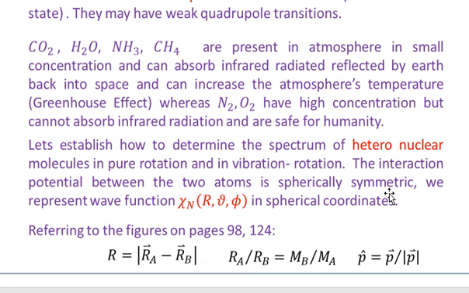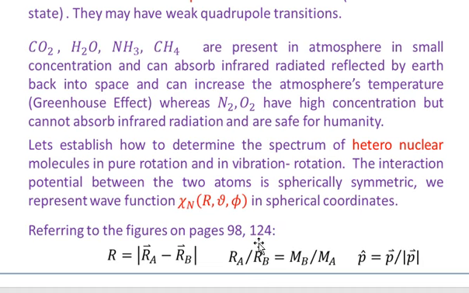Similarly, when we are considering two atoms separated from each other by a distance capital R, then we may consider the potential between them as spherically symmetric. We represent the wave function chi n, which is a function of capital R, theta, and phi in spherical coordinates. So we need to express chi n in spherical coordinates if we really want to solve the integral.